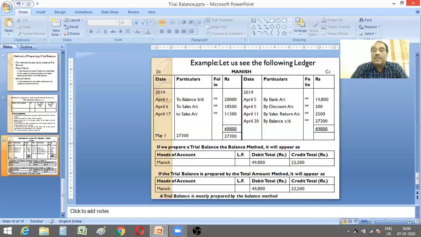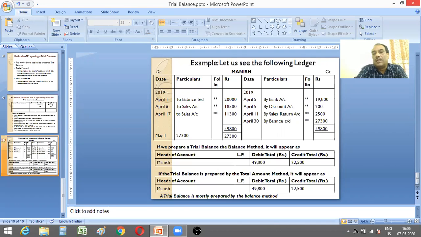Now we need to prepare a trial balance. So we have two formats, and the first is, if we prepare a trial balance by using the balance method, it will have 4 columns. First is heads of accounts. Head is Manish, so it is Manish account.